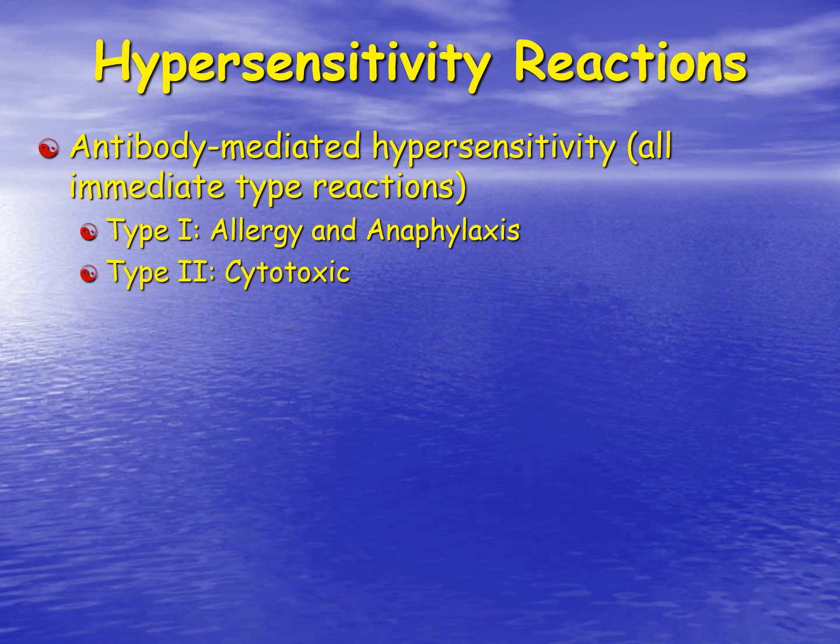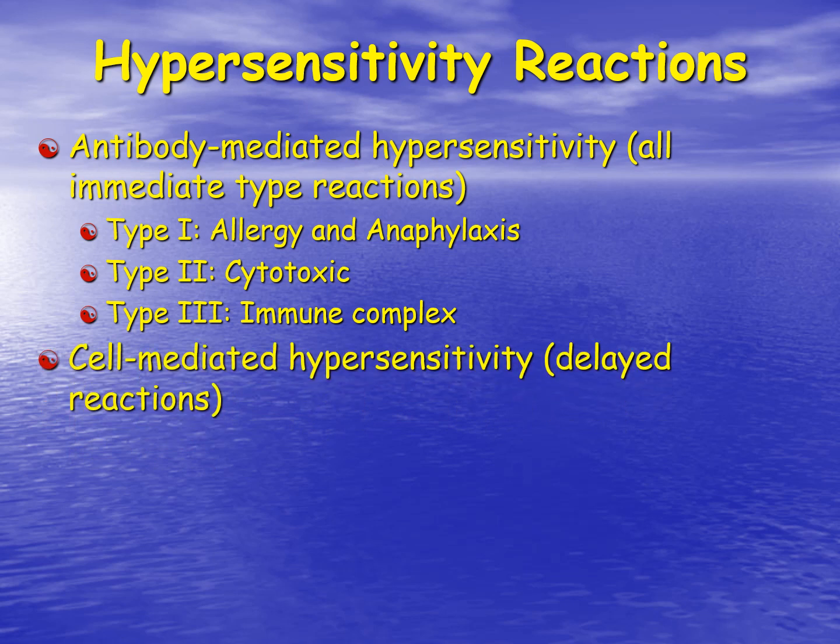Type 2 hypersensitivity reactions are what's known as cytotoxic reactions. Type 3 are immune complex-driven hypersensitivity reactions. Cell-mediated hypersensitivity, or what we call delayed reactions, is classified as type 4. While types 1, 2, and 3 all involve antibodies, type 4 only involves T lymphocytes.